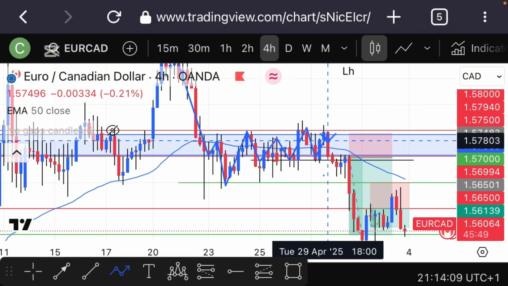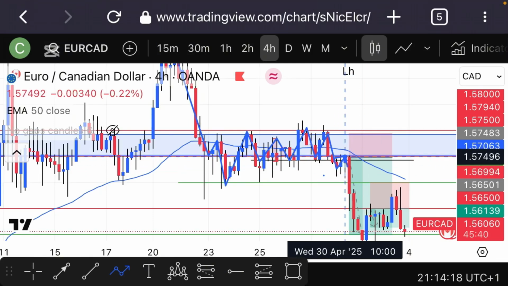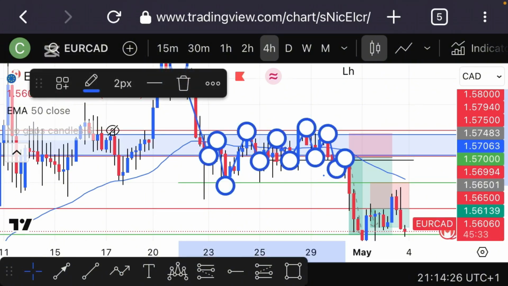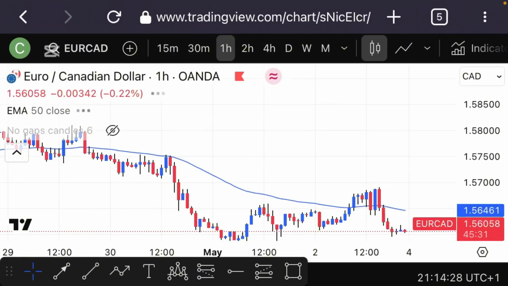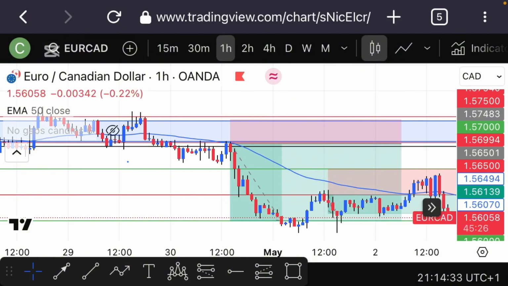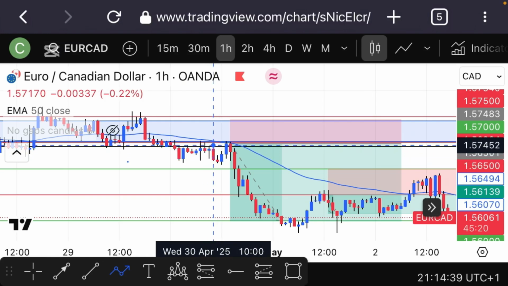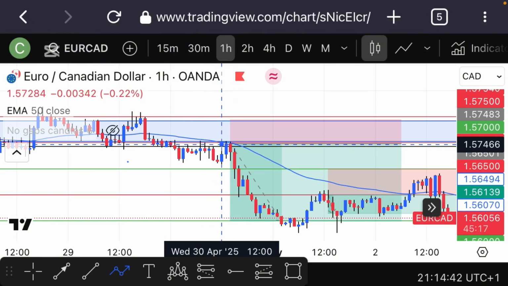So when this shift of structure happened, I was in Euro USD. The retracement also happened beautifully. I was still there. So when I go down to the 1 hour, this is where I was supposed to enter. So I was supposed to enter at this retracement here.